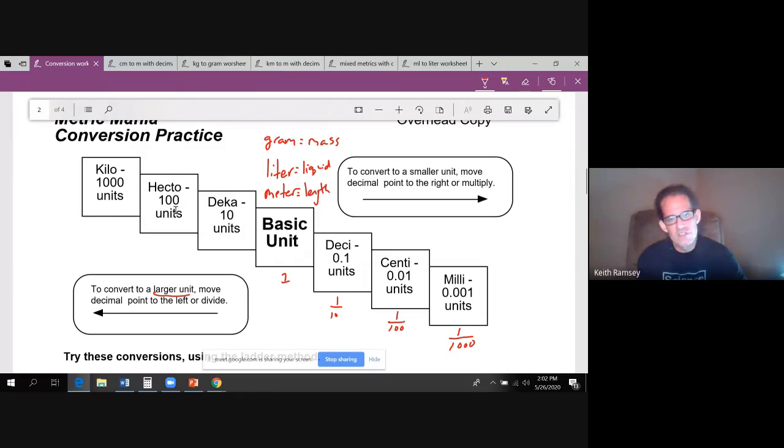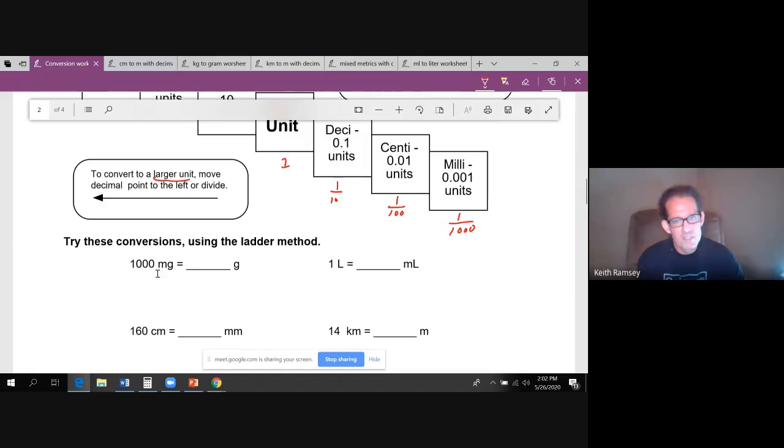So when you use this chart, when you're converting from one unit to another, always remember it's multiples of 10. So it's just an issue of which way you're moving the decimal. So if I looked at milligrams to grams, remember milli is really small, okay?